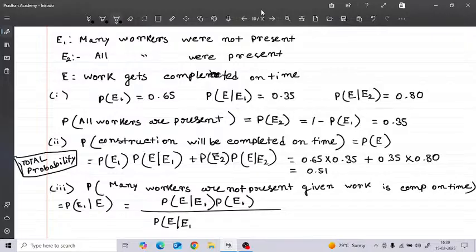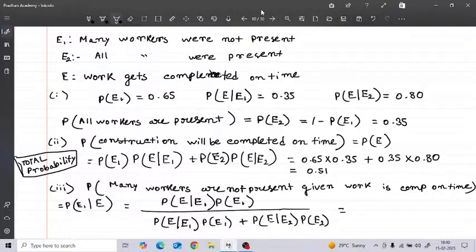As you can see, you have to use these two theorems, total probability and Bayes theorem, in this question. If you put all of these values, we have already calculated this value. This is nothing but the probability of E, that is 0.51, and we know these values also.